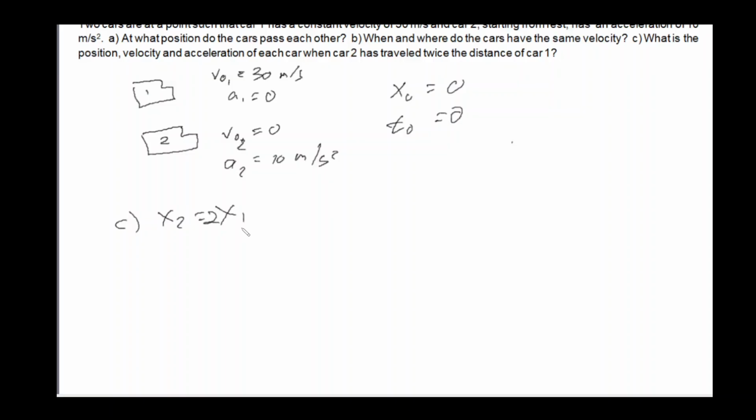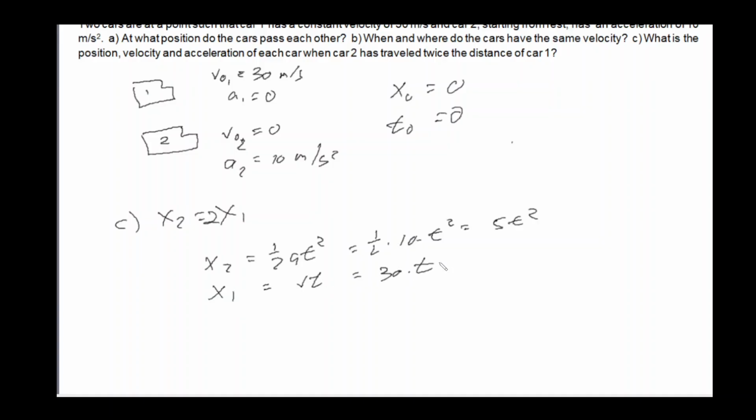So first we'll find the time, and we know the equation for the position of car 2 is equal to 1/2 at squared, which in this case is 1/2 times 10 times t squared, or 5t squared, and the position of car 1 is equal to vt, which is equal to 30 times t.